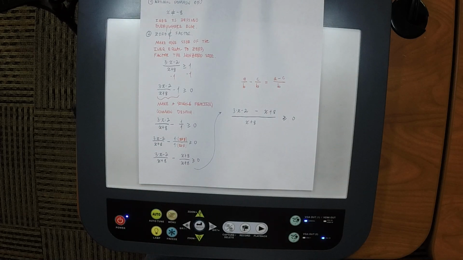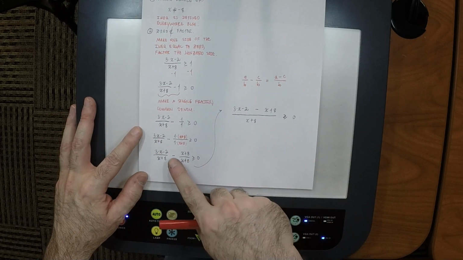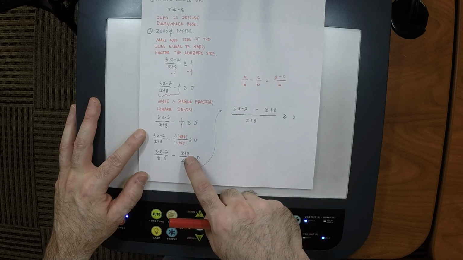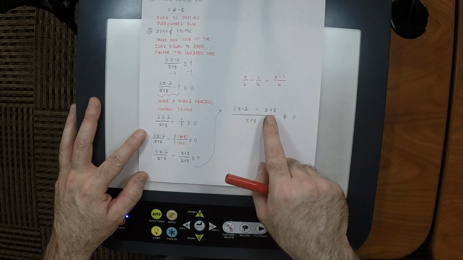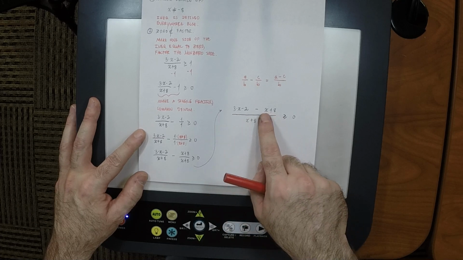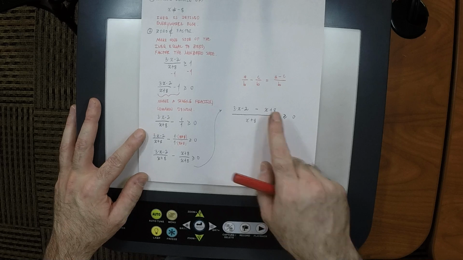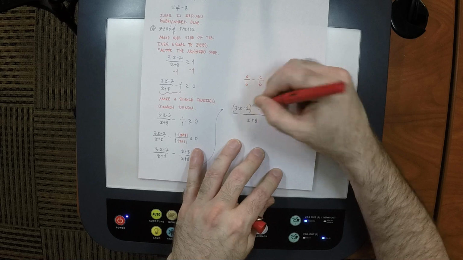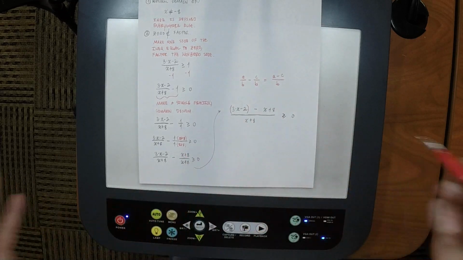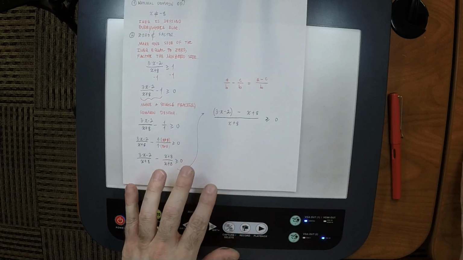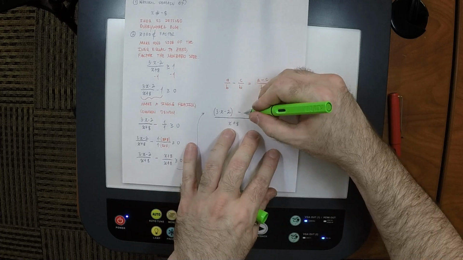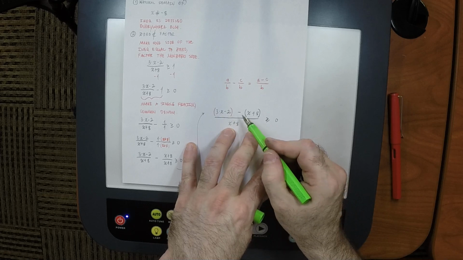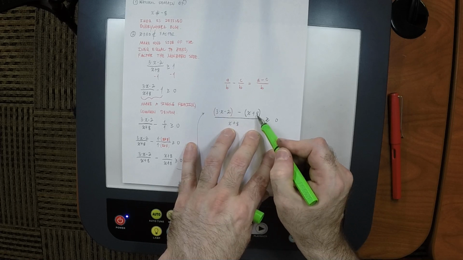But the problem is that we need to be subtracting all of x plus 8. But right now, as it's written, we're only subtracting the x, and the 8's being added. So to make this right, if I add these red parentheses, then it's no different than it was before. Those as it turns out, don't affect anything. But these do. Because now it's correct, because now eventually we're going to be subtracting that 8.